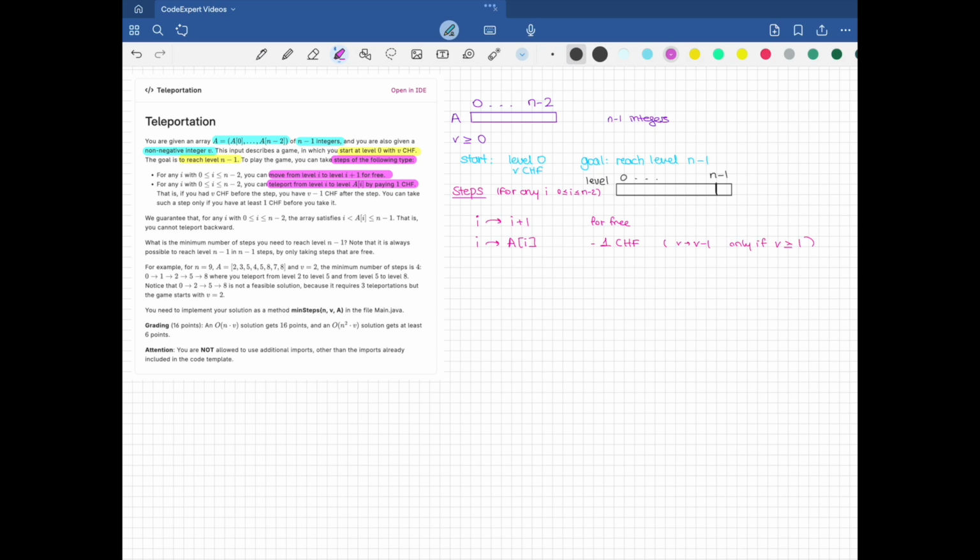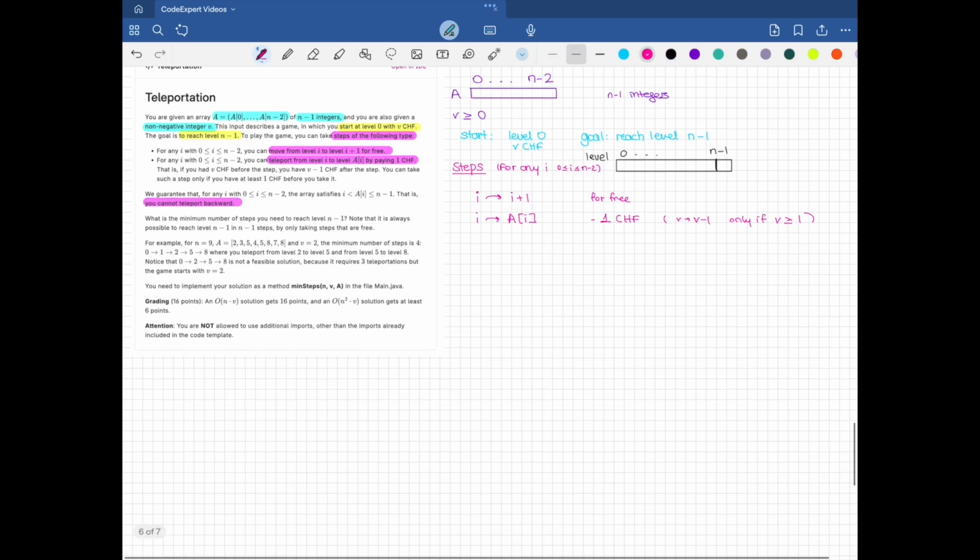And what is the minimum number? Okay, this thing is what we're looking for. So what is the minimum number of steps you need to reach level n minus 1? Note that it is always possible to reach level n minus 1 in n minus 1 steps.